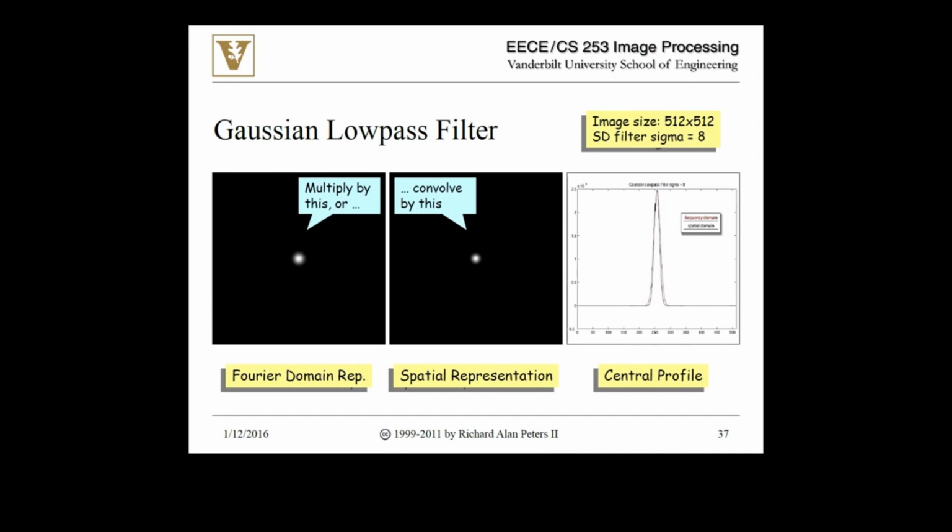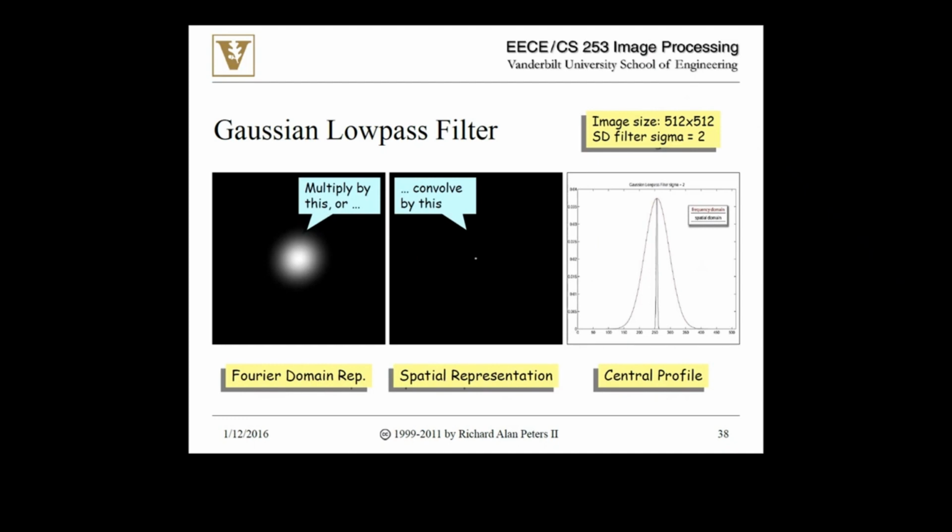Okay, so then here you have an example where you have a Gaussian in Fourier space and the corresponding real space response. In this example, they more or less coincide in width.